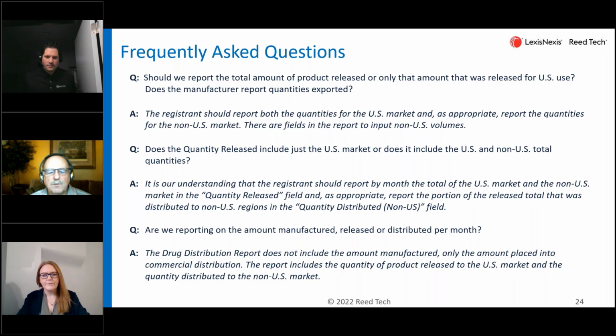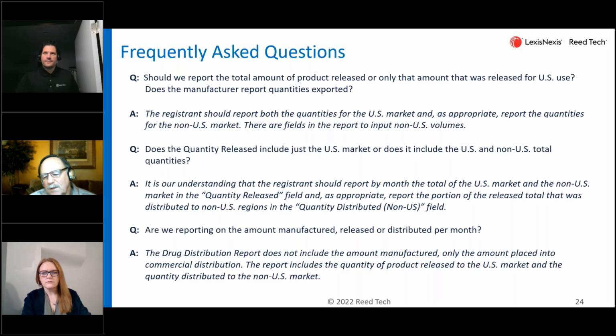Going back to the technical guidance document, it has some various scenarios, and they explain how to report what quantities where. Based on that information, it appears that the quantity released field should be the total amount that was shipped out of a particular establishment.